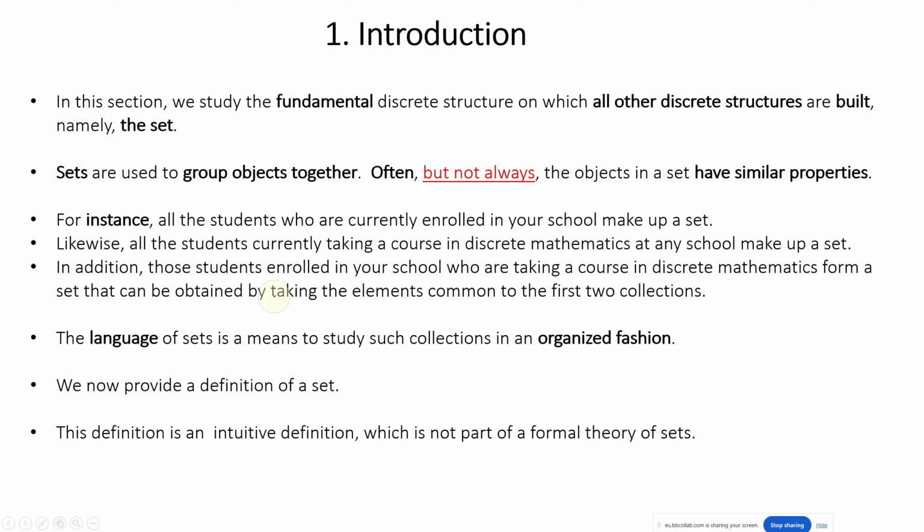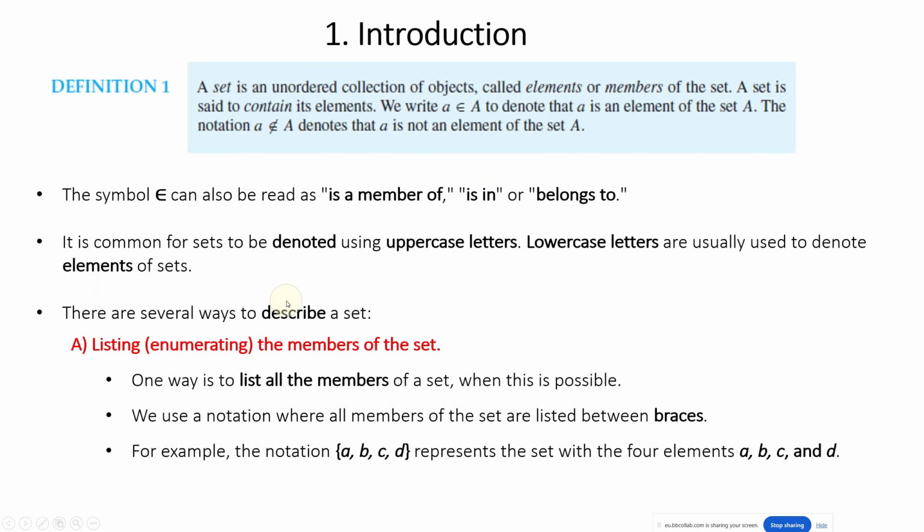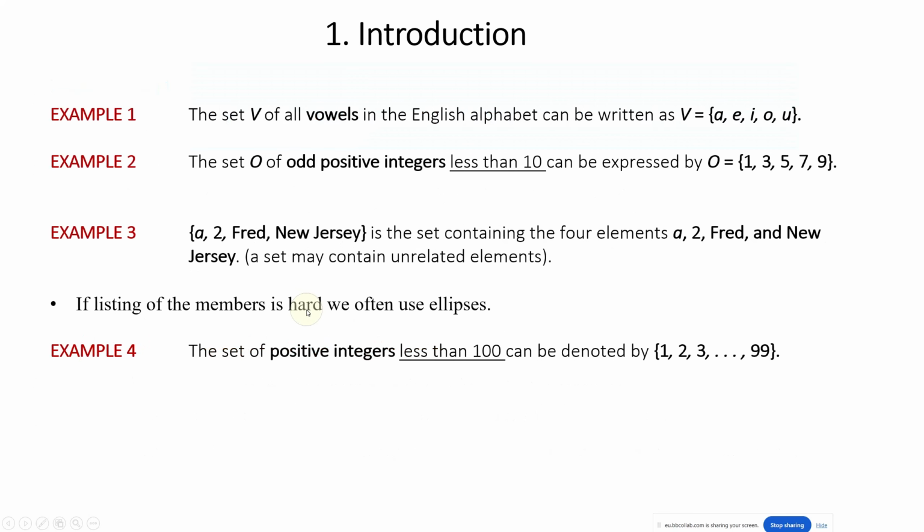Let me give you some examples of sets whose elements are related together. This is a set called V for all the vowels in English. These are a group of letters with an attribute in common: A, E, I, O, and U. These are all vowels in the English alphabet.